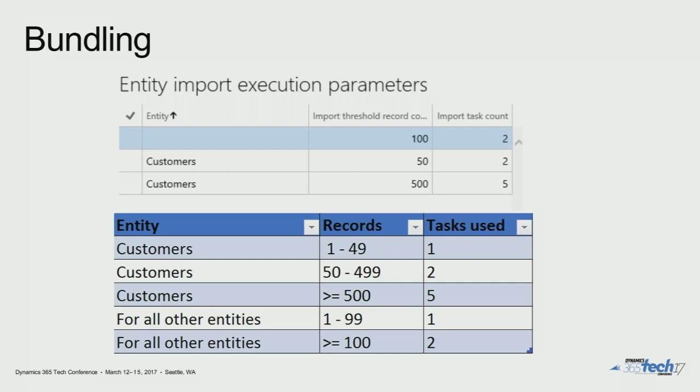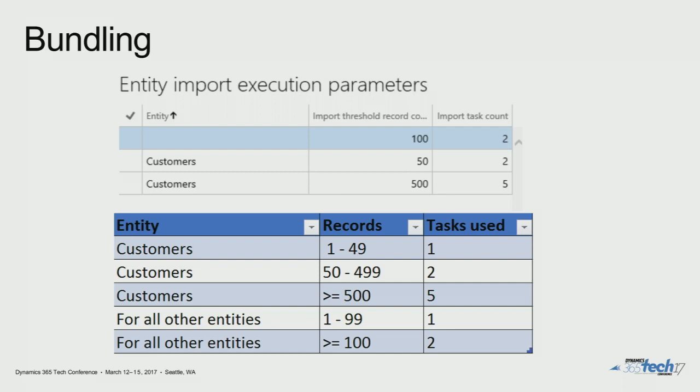How will DIXF consume this data when you are importing customers? Any file that contains 1 to 50 records will use 1 task. If you have anything greater than 500, then it will use all the 5 parallel tasks that you have mentioned.